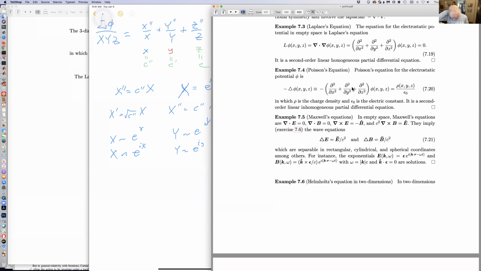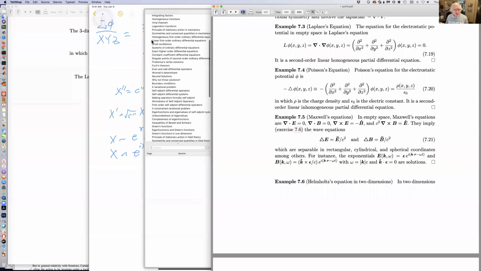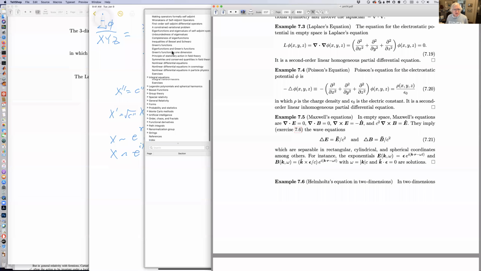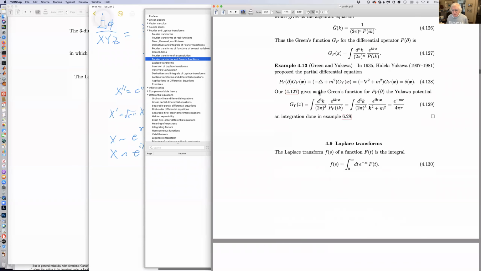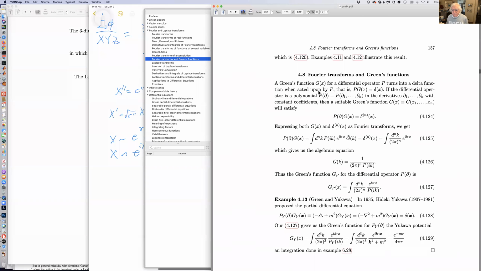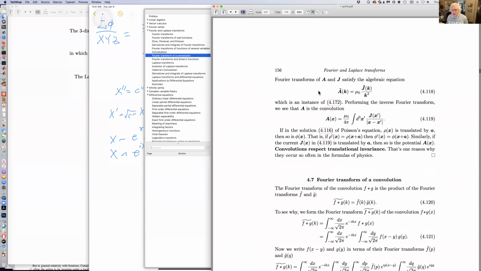In fact, that's what we described back in Laplace transforms and Fourier transforms, where we talked about Laplace transforms and Green's functions.